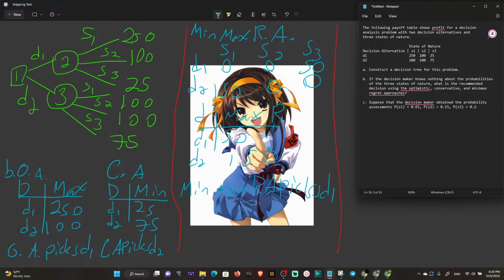Okay. What do I get from this? We will use the expected value approach to determine the optimal decision. Okay, let's do that.